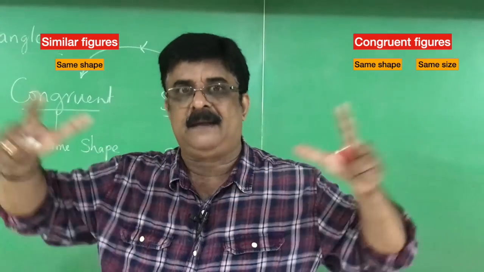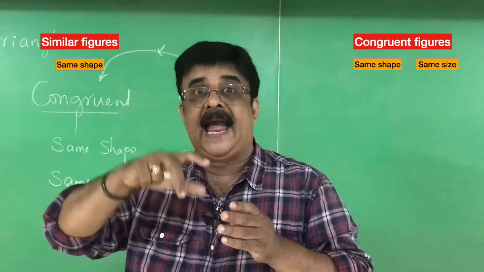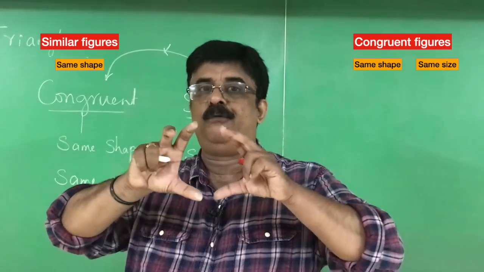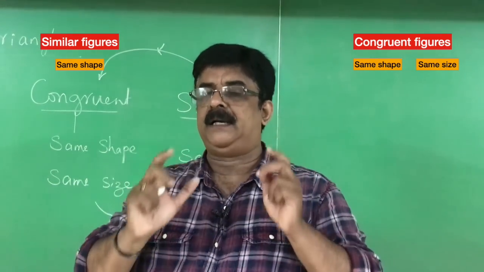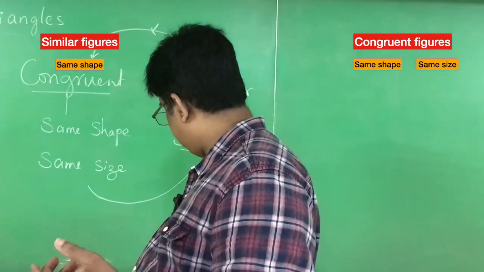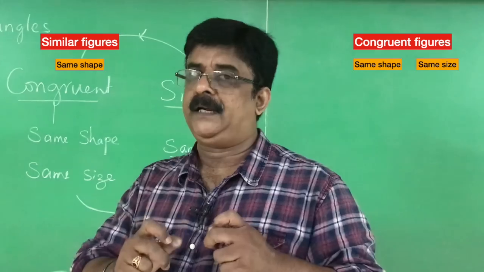They may not have the same size as the actual machine. They are similar. But in CAM, computer aided manufacturing, there they will go for congruent. Therefore, this particular chapter is very widely used in industries and civil engineering. Therefore, we have to give utmost importance to learning this chapter.